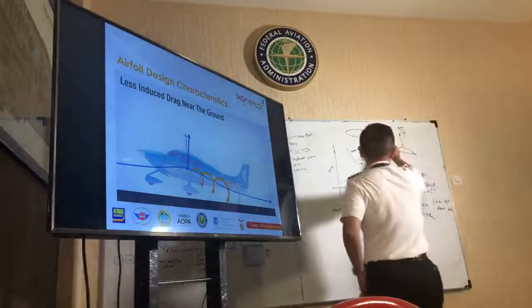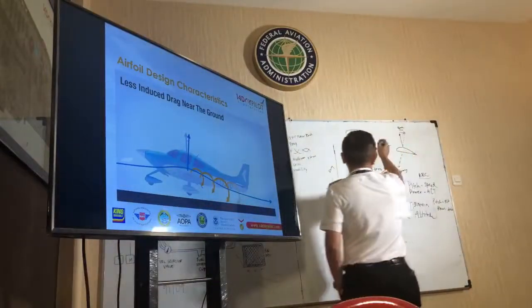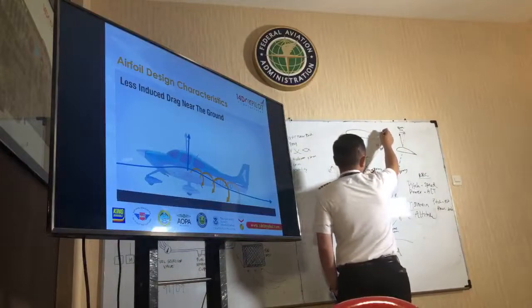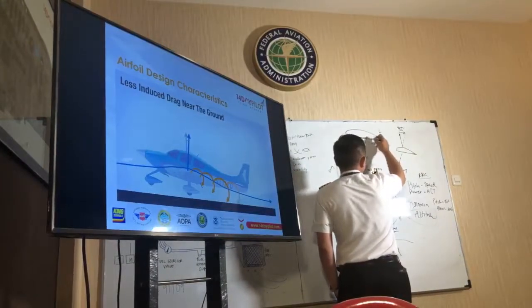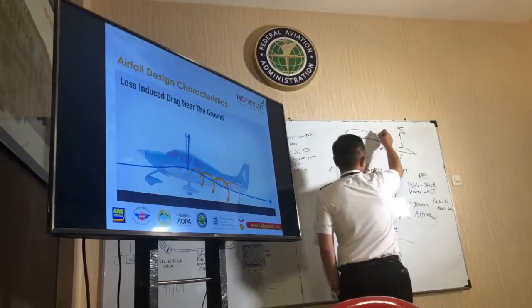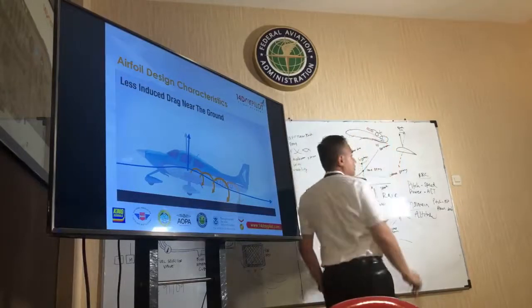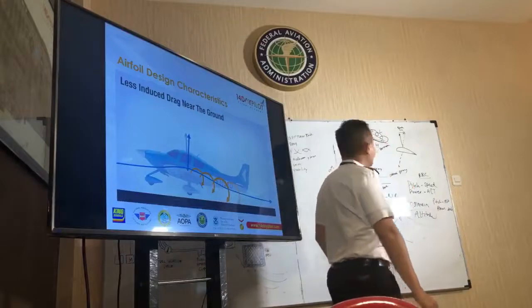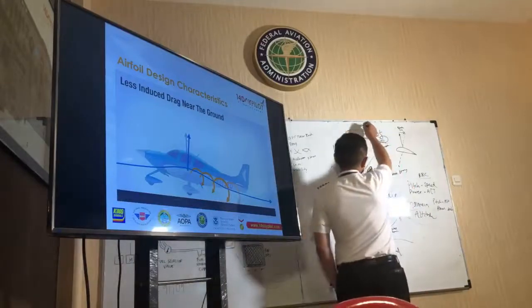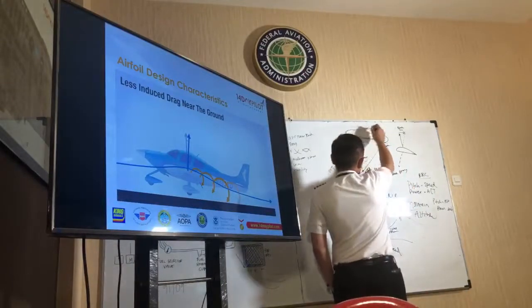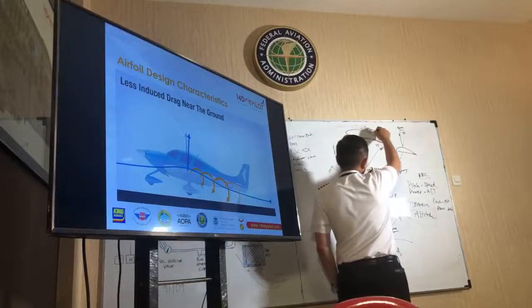So this is the wing. This is the high pressure and this is the low pressure, and this airflow from high is going up. At a certain point, because the airplane is moving, it stops here and becomes turbulence behind.